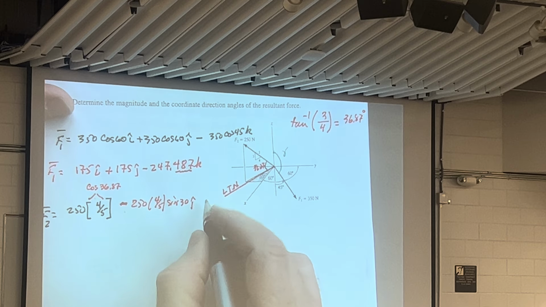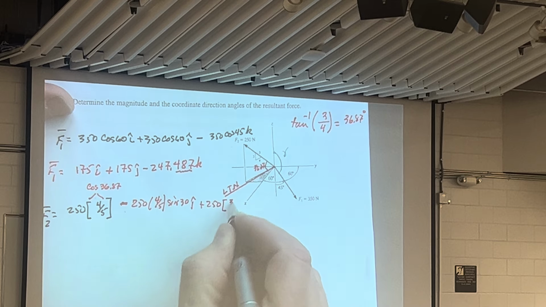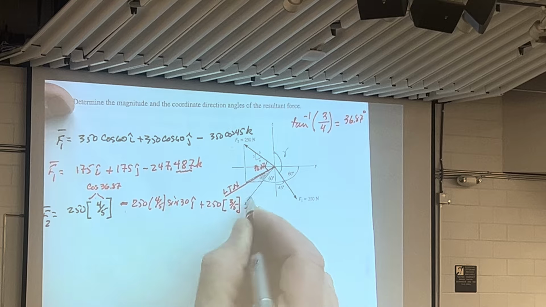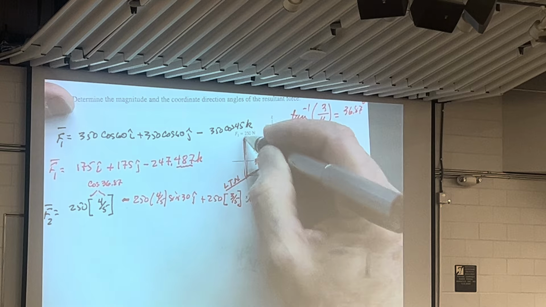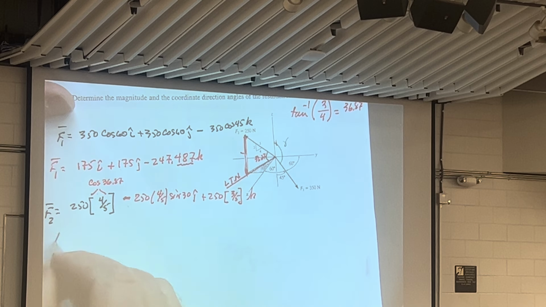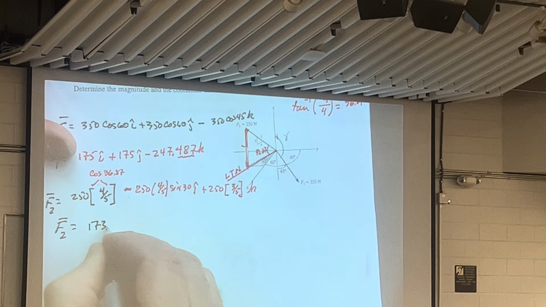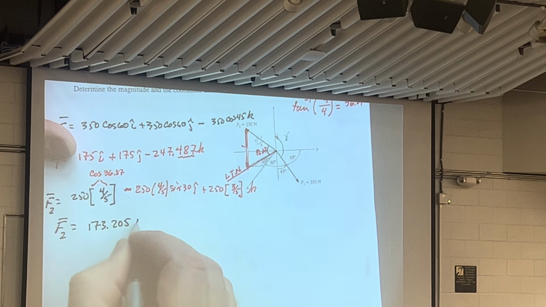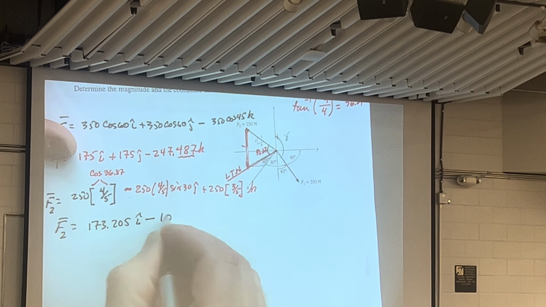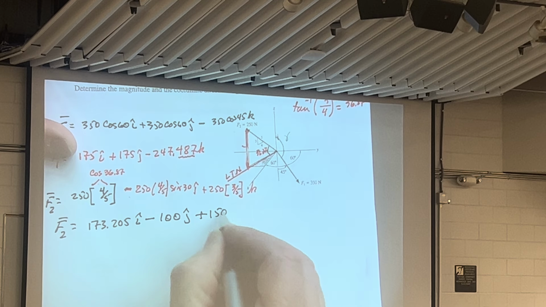And then I'm going to say plus 250 times 3/5. 3/5 puts me on this line, which is parallel to my z. Answer, F2 simplified is 173.205i minus 100j plus 150k.